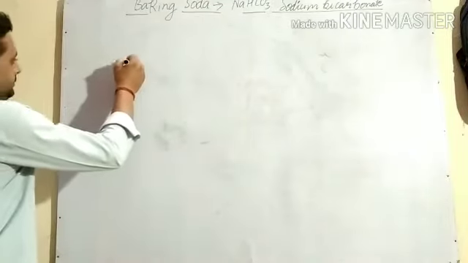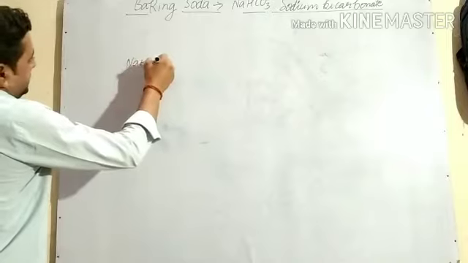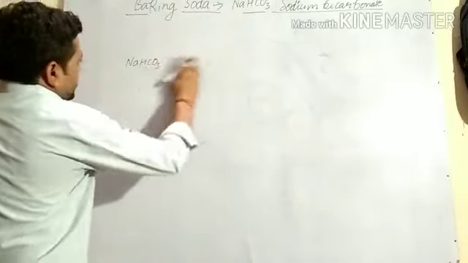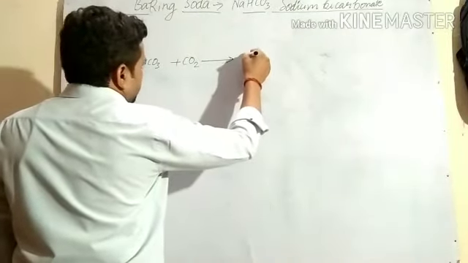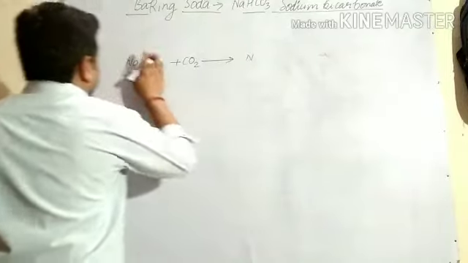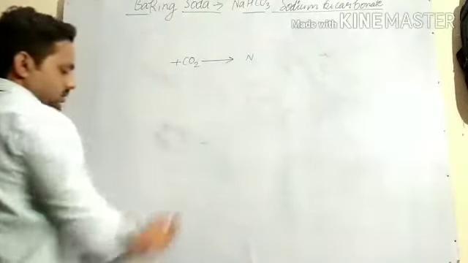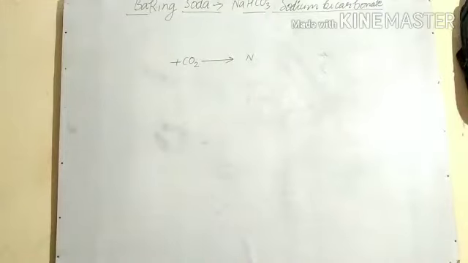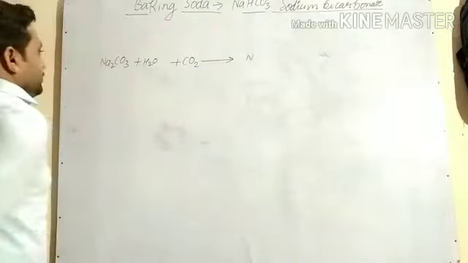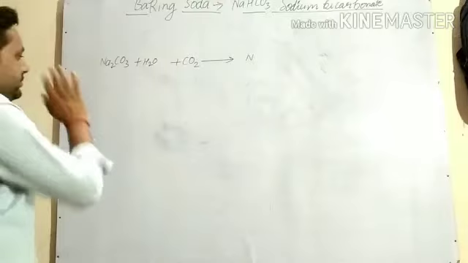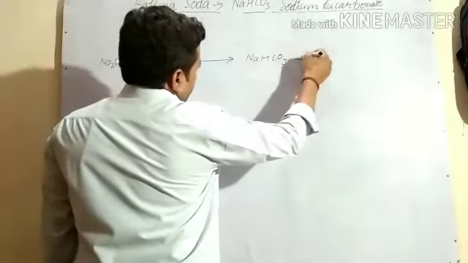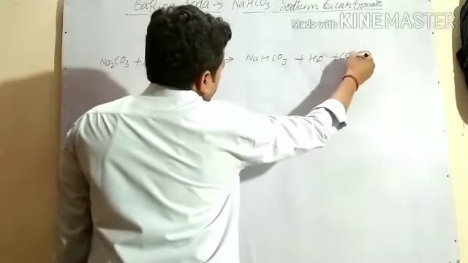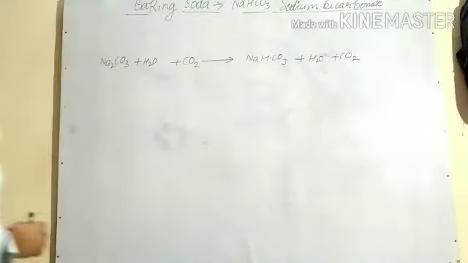So here Na2CO3 plus H2O plus CO2 gives NaHCO3.